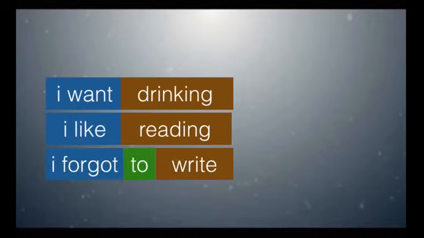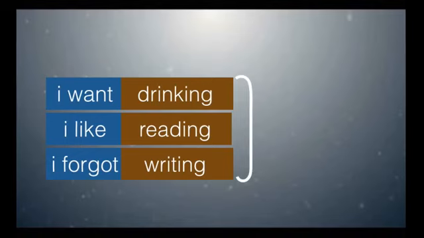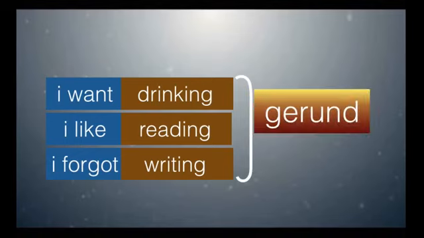If I say I forgot to write, we can say I forgot writing. So to drink, to read, to write can be changed, and these words make the same exact meaning and sense. So what are drinking, reading and writing? The word with "ing" is called a gerund.